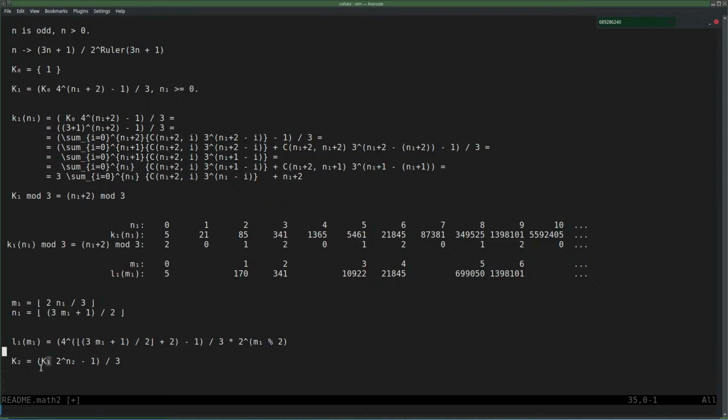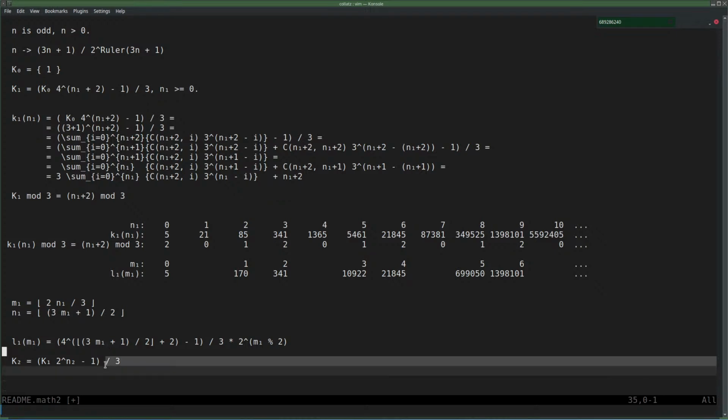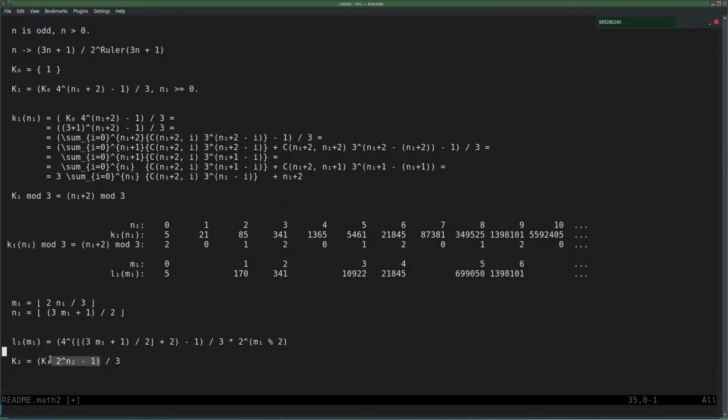You can even do this for any s plus 1 here instead of 2, and here s. It's a general case, but our problem is that it must be divisible by 3, otherwise you didn't learn anything. And something is only divisible by 3 if the modulo 3 of this thing is 0. Oops. Modulo 3 of this must be 0. Well, since we subtract 1, that means that the modulo 3 of this thing must be 1. And then you subtract 1 and you get 0. And then it's divisible by 3.